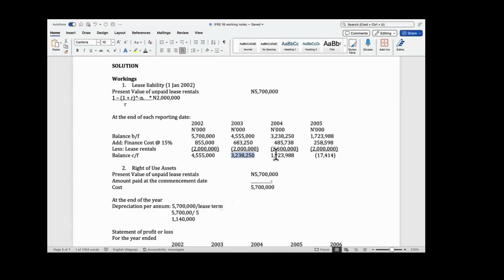The best way is to get the difference between this and the balance of the liability next year, because that balance represents the reduced liability after payment. The difference is what you will pay next year, which is our current liability this year. So can somebody get me the difference?